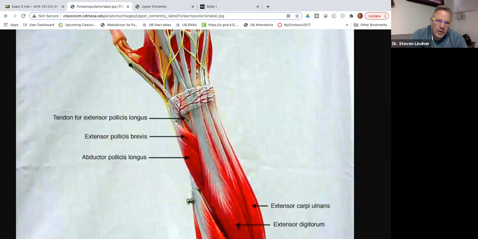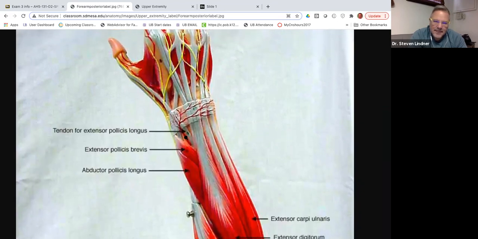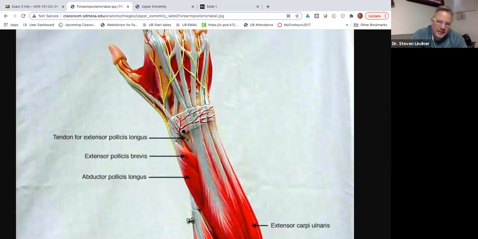The two along the thumb side, remember the thumb is called pollicis. One is an abductor pollicis longus. The other is an abductor pollicis brevis. And here's that third tendon labeled, which is the extensor pollicis longus. So there's an extensor pollicis brevis here, and this is the tendon of the extensor pollicis longus.